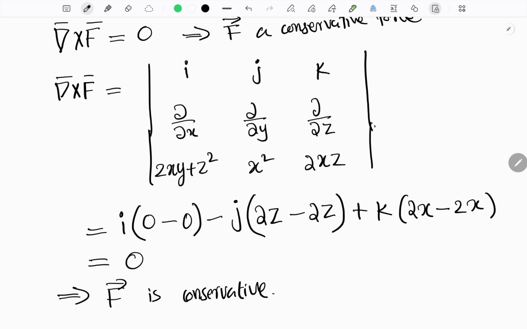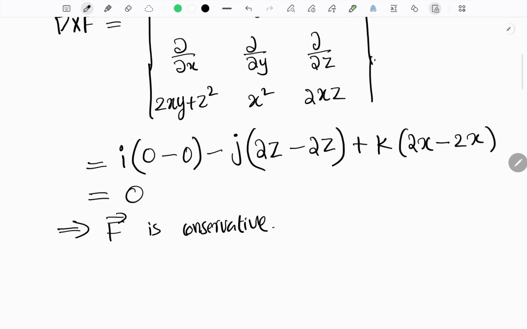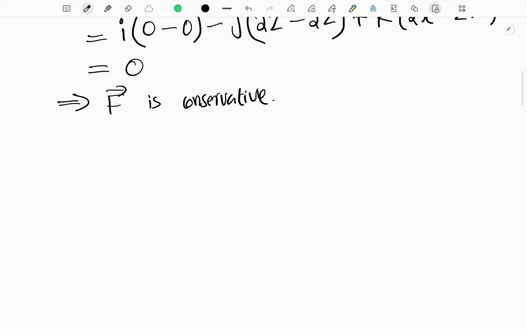If the force is conservative, then we know it can be derived as the gradient of a scalar potential. Whenever the force is a conservative force, it can be derived from a scalar potential using the idea of gradient. So that means there exists a scalar function phi such that the gradient of the scalar function is equal to our conservative force.